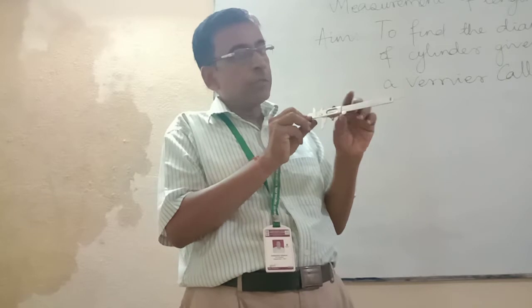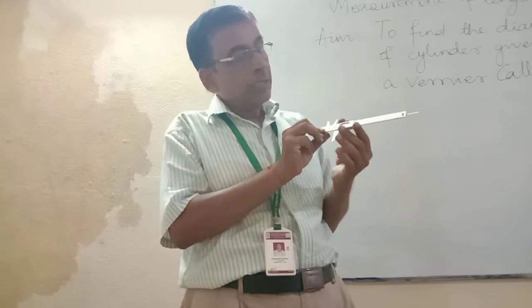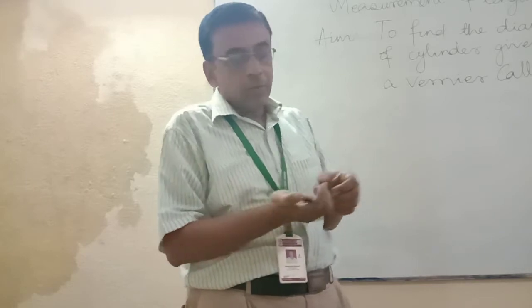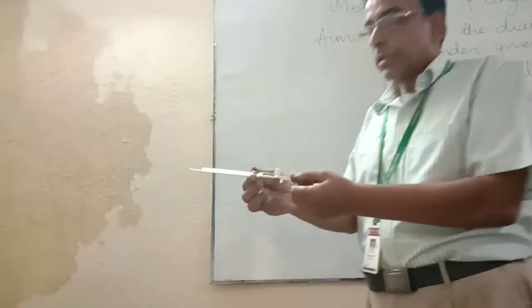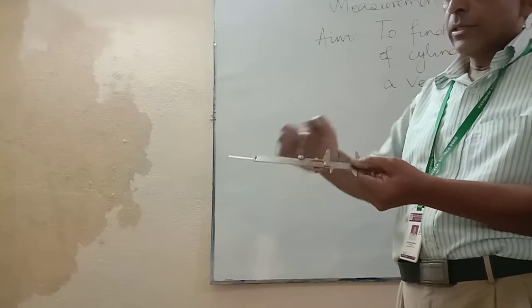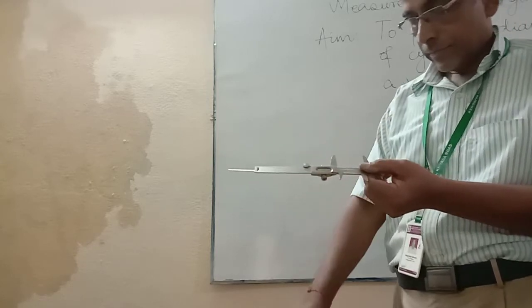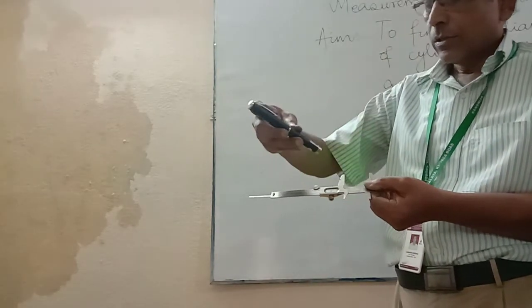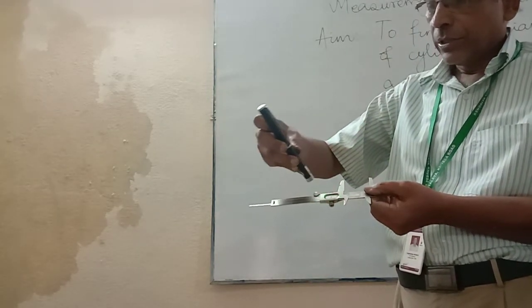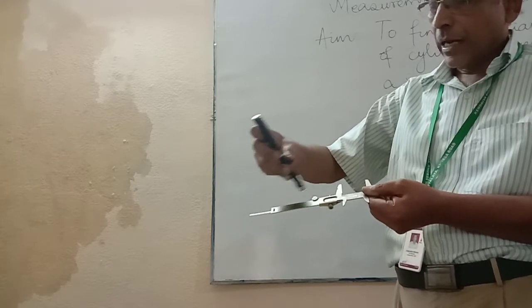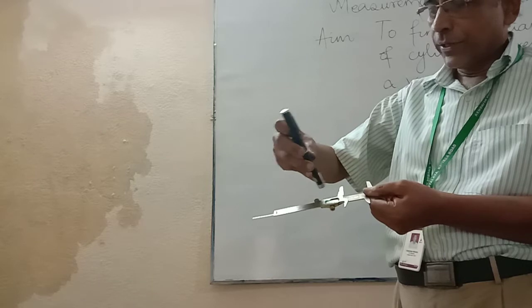It is sliding over the main scale. You can see, this one is vernier and this one is main scale, and the vernier scale is sliding over it.